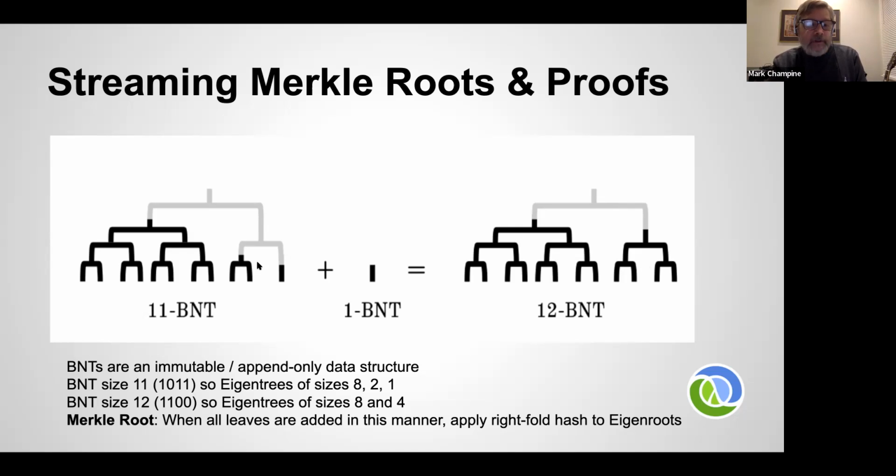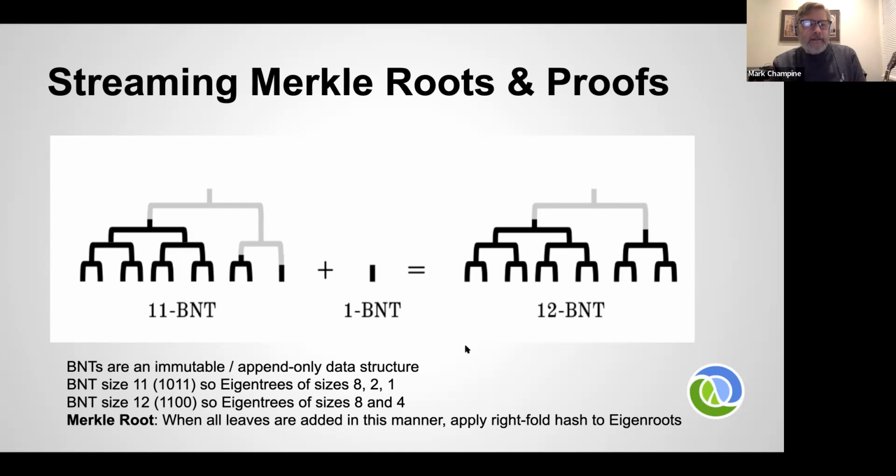There's only 2 of them here. We have one that represents 8 and one that represents 4 of the leaves. So 1, 1, 0, 0 is 12. Here's our eigentree with an eigenroot representing 8 leaves, and here's one for 4.